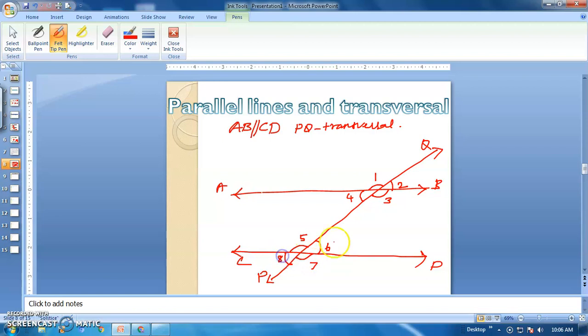So 8 angles are formed when a transversal passes through the two lines. Here PQ is a transversal, AB and CD are the two lines, and we took AB parallel to CD.